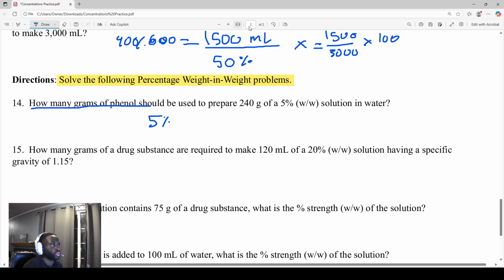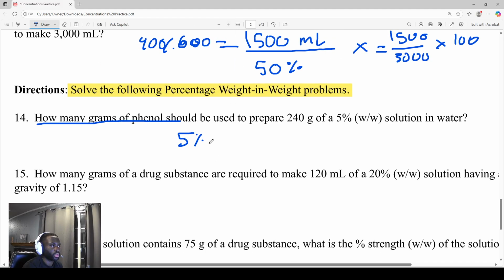Let me zoom in. Right, 240. That's going to be the totality of it. So that's going to be at the bottom.